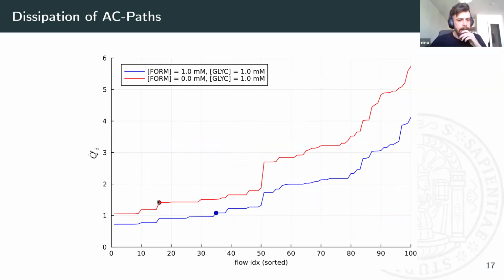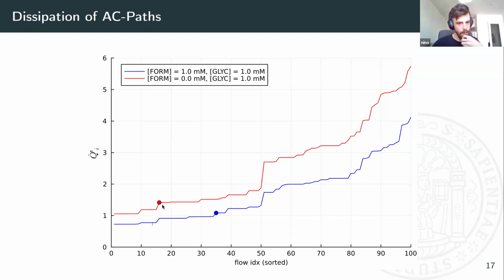Yeah. And what's interesting now is that the red curve is still above the blue curve, but the location of the Breslow cycle shifted. So in the blue curve, relative to all the flow solutions that you get, the solution that corresponds to the Breslow cycle lies in the lower regime, but it's not one of the best.